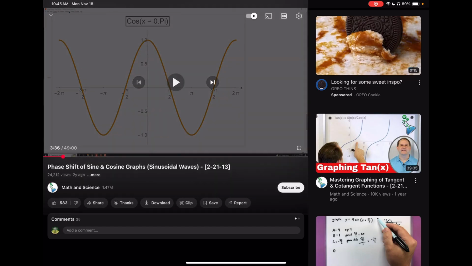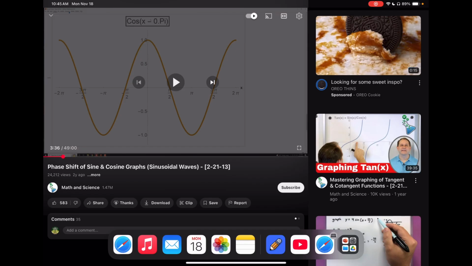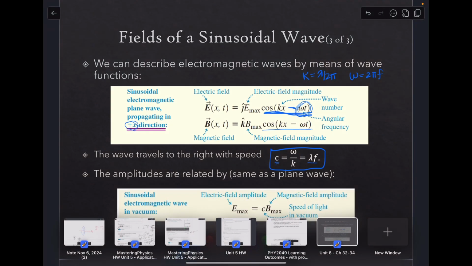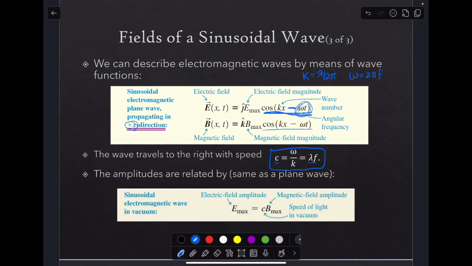Okay, so you saw that, right? You're fully convinced that as you subtract more omega t's, you have a wave traveling to the right, which we typically call positive, right? And if you were to instead add omega t's, you would be propagating to the left, which we typically call the negative direction, okay?